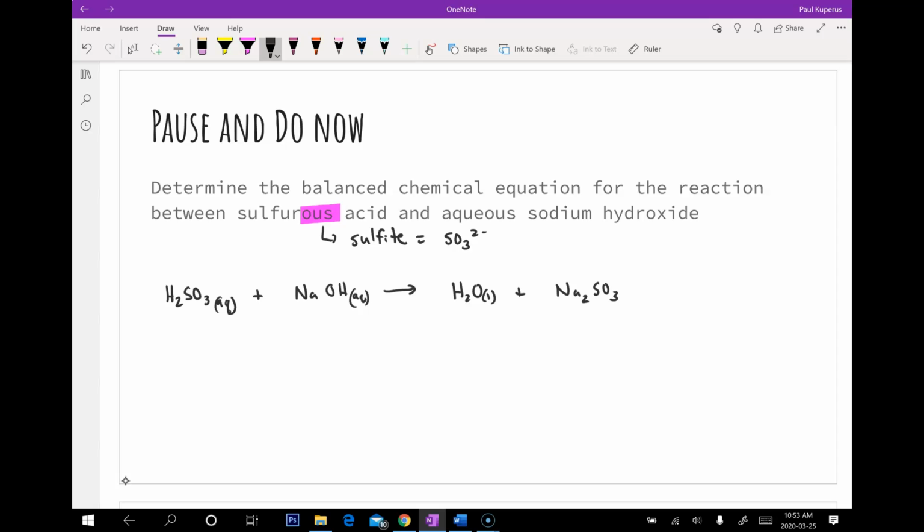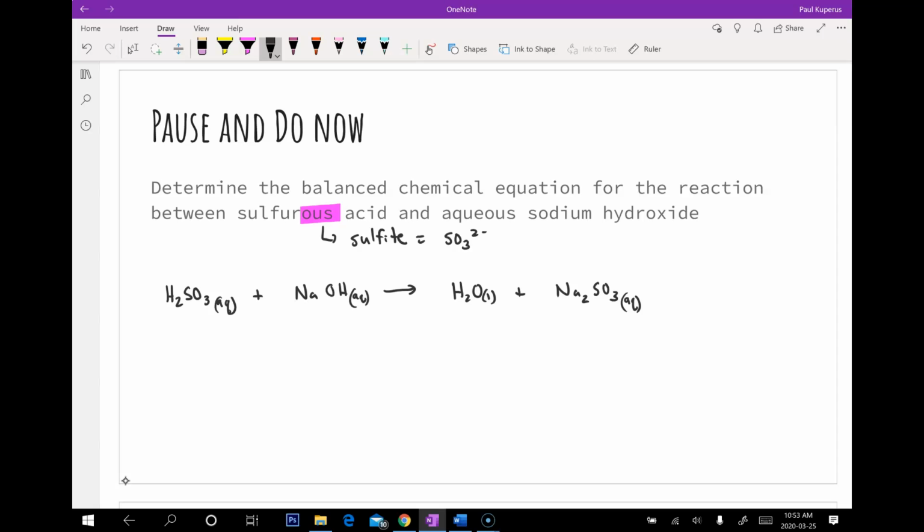It's Na2 because the sodium has a 1+ charge and the sulfite has a 2- charge. For the state, we check our solubility table, or we remember that all group 1 ions, especially sodium, are soluble with everything. This would be our skeleton equation.